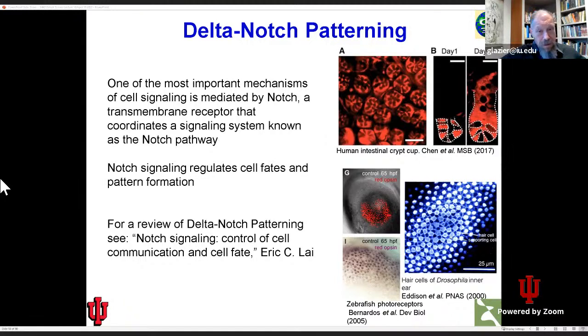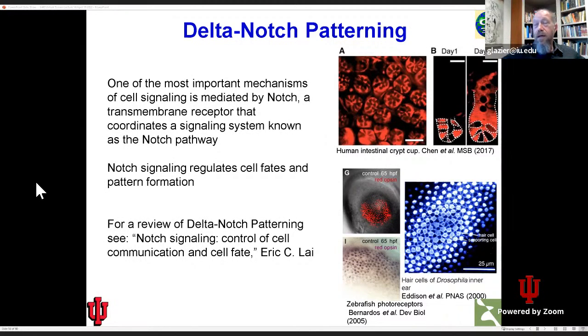But delta doesn't like being next to delta, and notch doesn't like being next to notch. So if we were on a nice square checkerboard, you'd get a checkerboard of high delta and high notch cells. On a hexagon, the thing is frustrated. You can't get all of those satisfied at once.